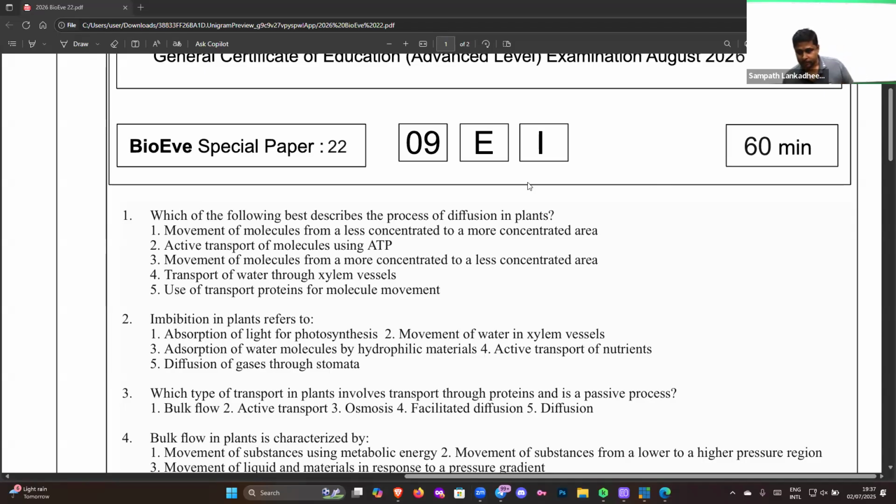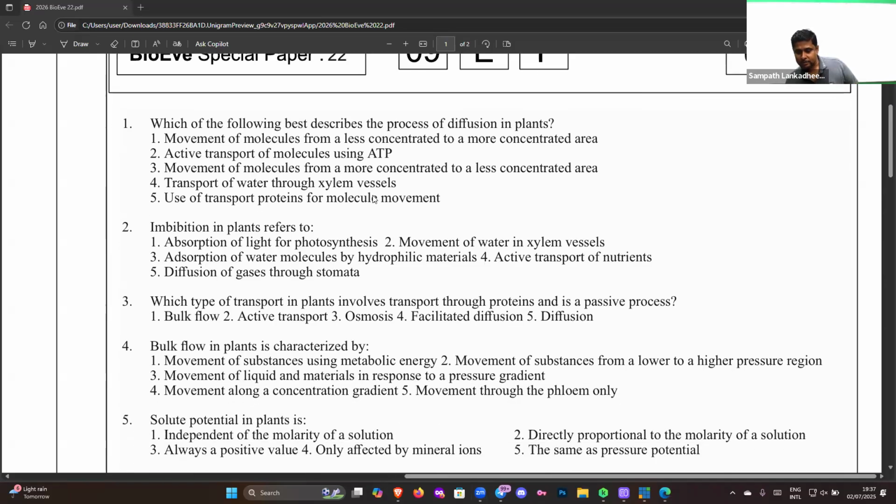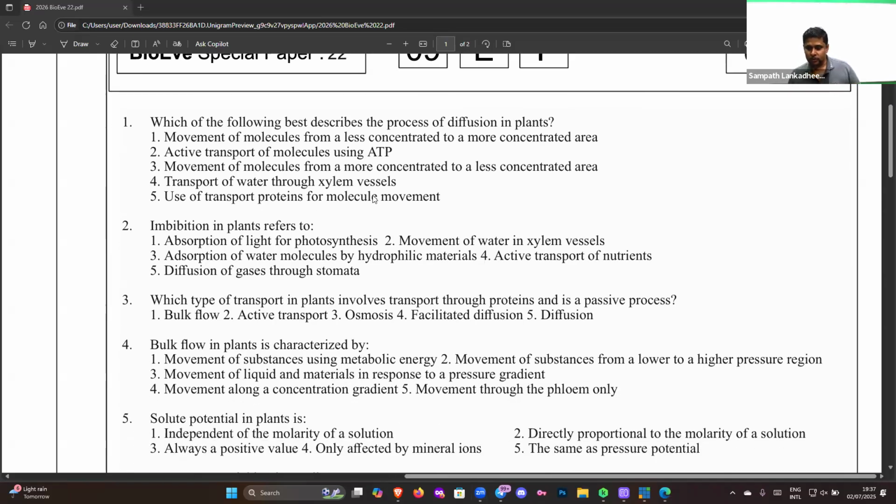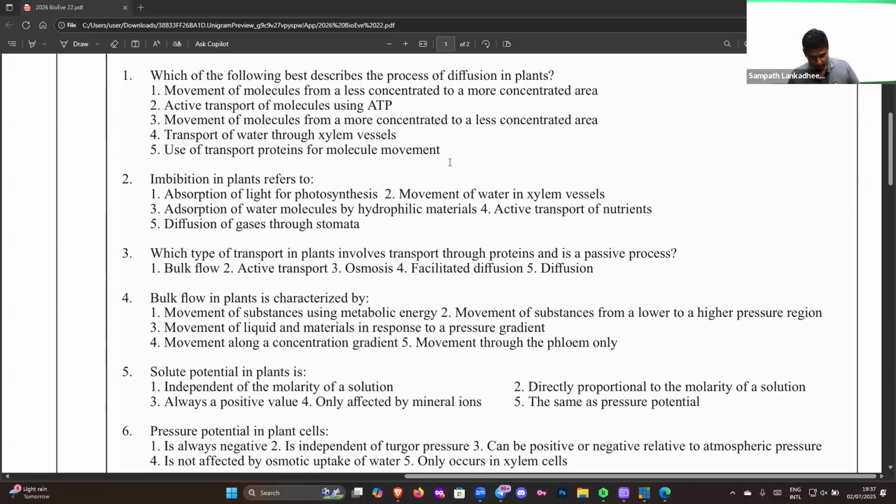First question. Which of the following best describes the process of diffusion in plants?